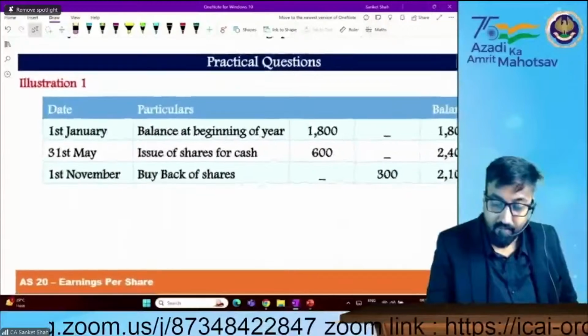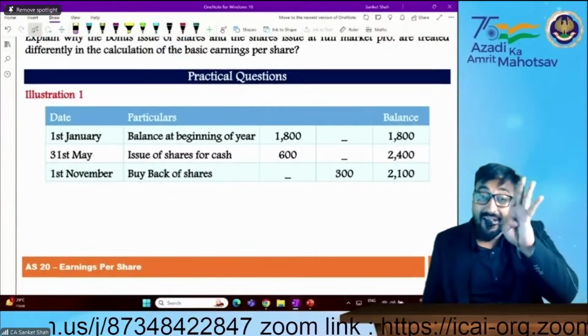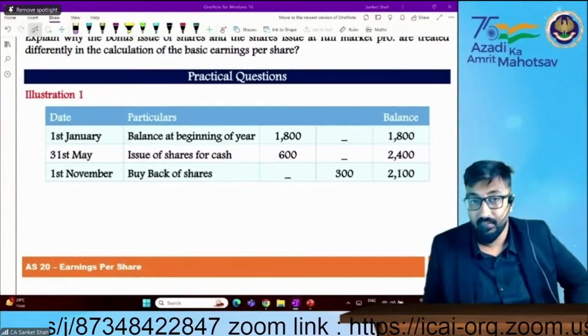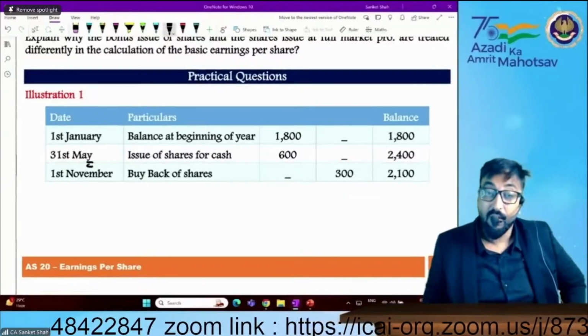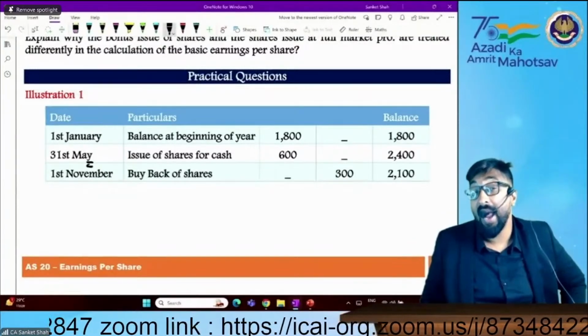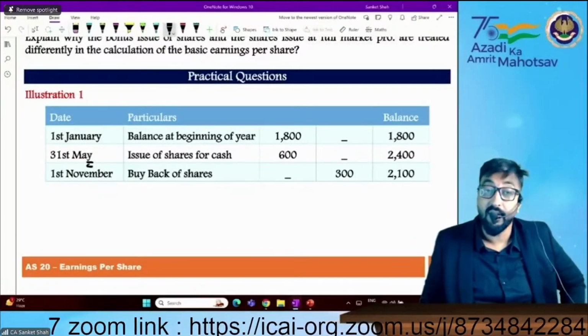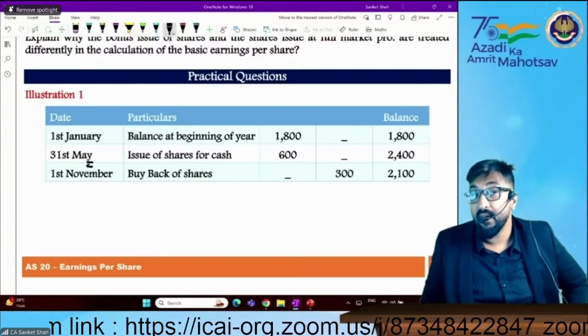See, on 1st January, we have 1800 shares, my dear. Then on 31st May, we issued more shares, 600. And on 1st November, I bought back 300.